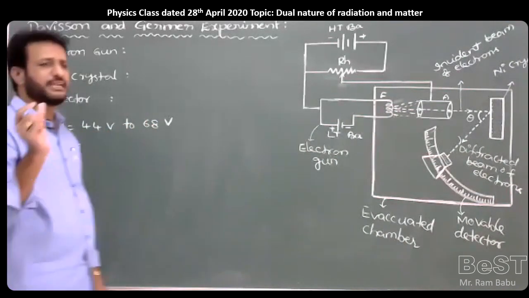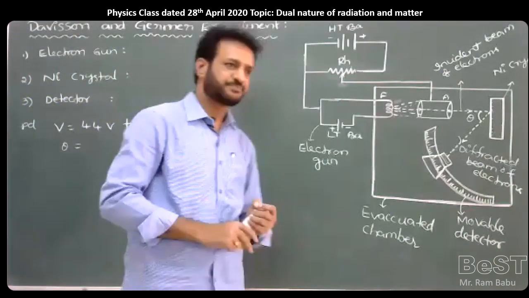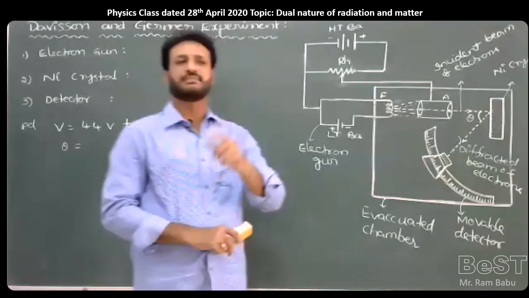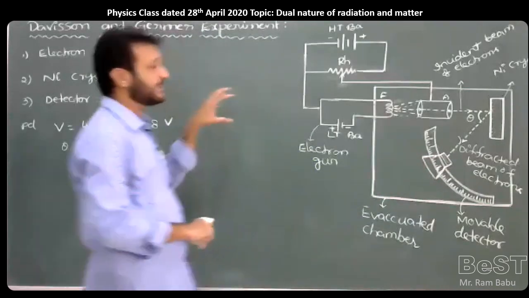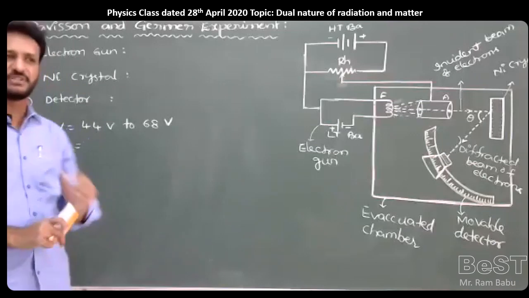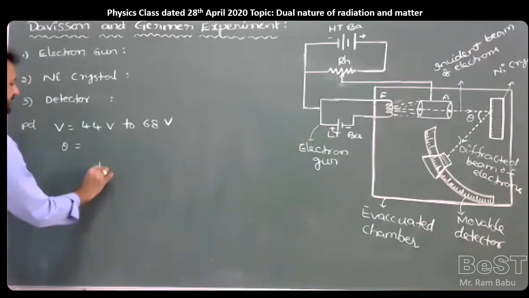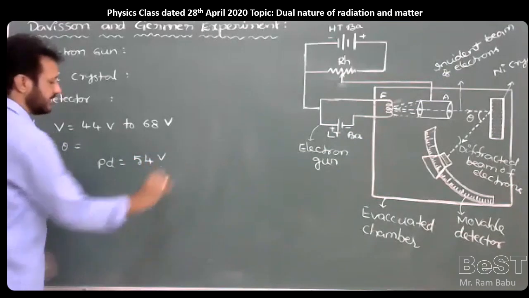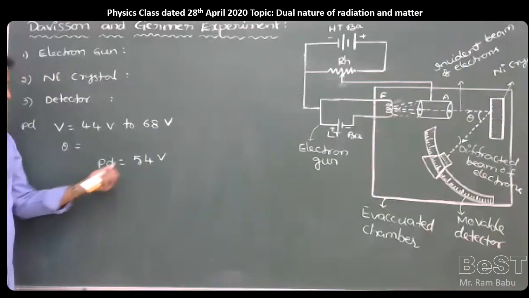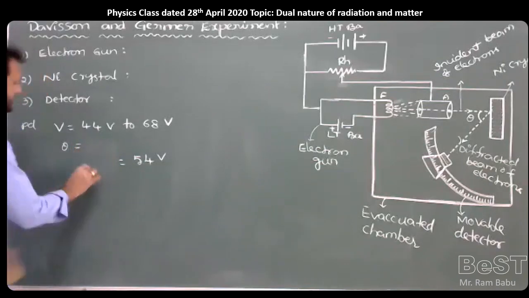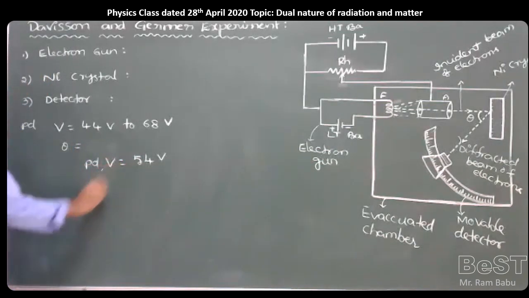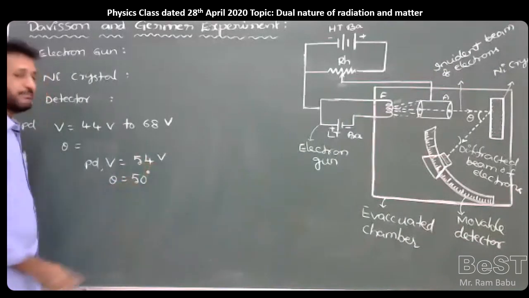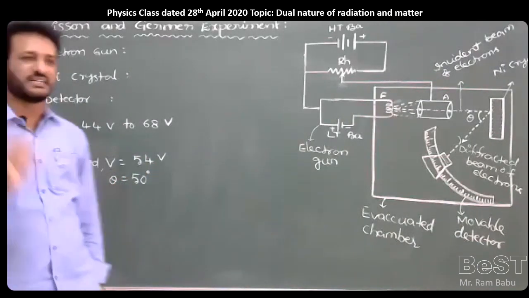In each and every case, what do we note down? The current flowing through the galvanometer and also the intensity of the wave. From the experiment, what Davisson and Germer observed is that at a potential difference of 54 volt, when an accelerating potential of 54 volt is applied, and scattering angle theta equal to 50 degree, the current flowing through the circuit is maximum.